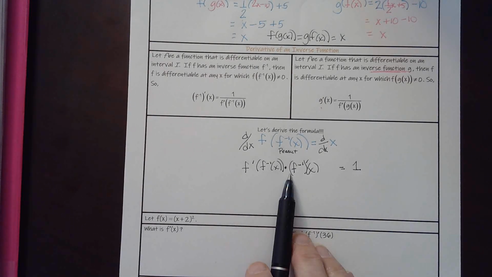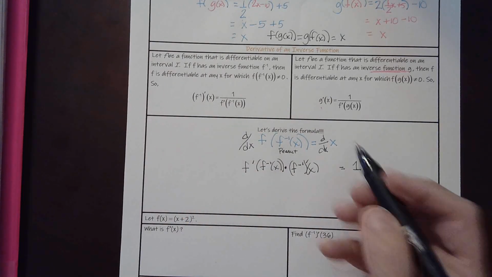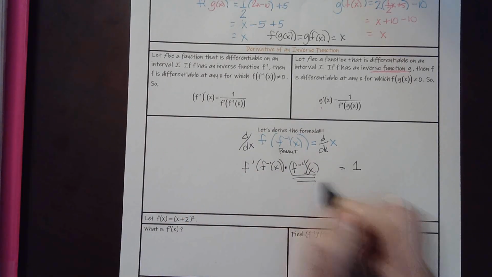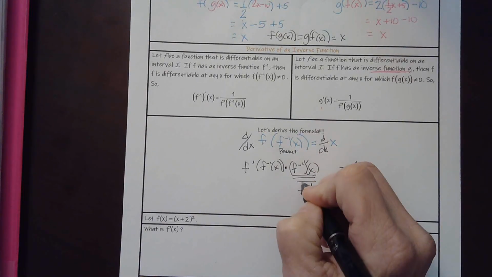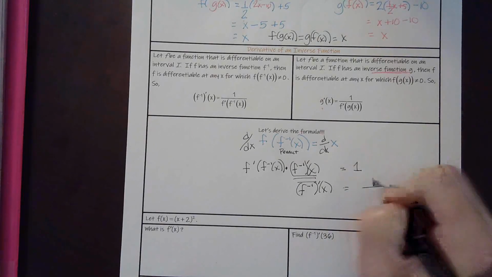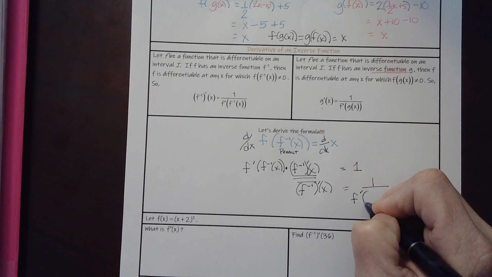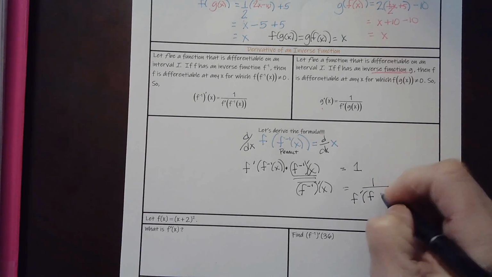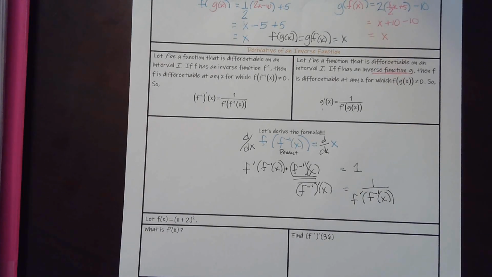Now if we want to get f inverse prime by itself, we divide, so f inverse prime of x equals 1 over f prime of the inverse. Okay, so there's the formula.